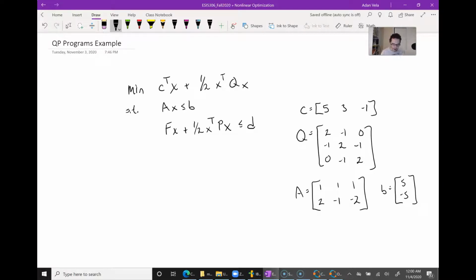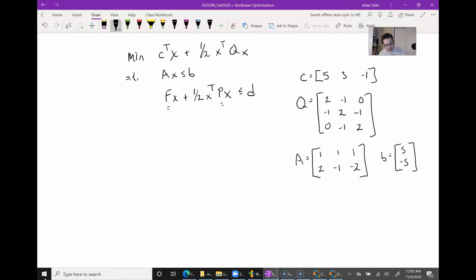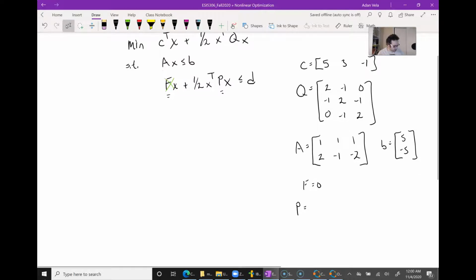At this stage, the only ones missing are f and P. Just for simplicity, because it really doesn't change how we formulate this, I'm going to pretend f is 0. Makes my life a little bit easier. And for P, we'll use the following matrix: 1, 1, 0, 1, 1, 0, and then 1, 1, 2.